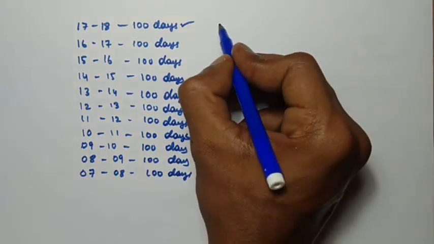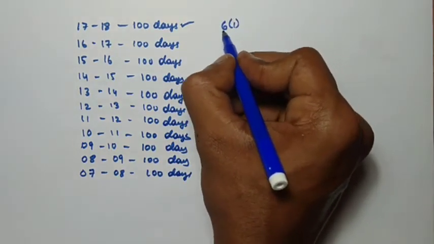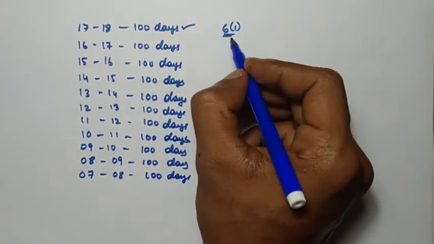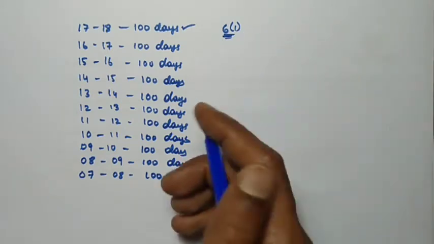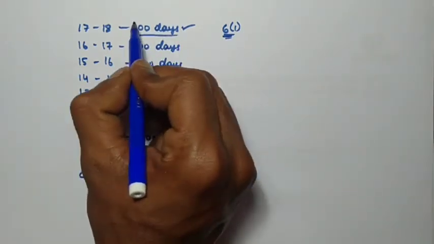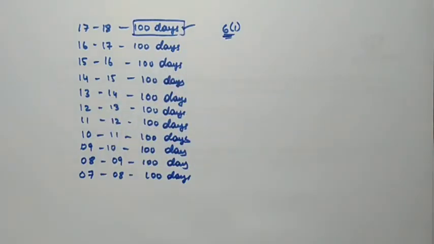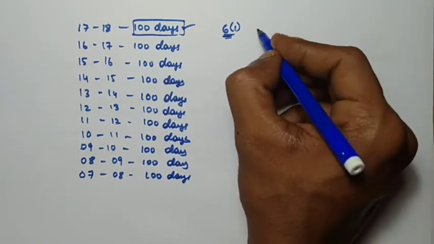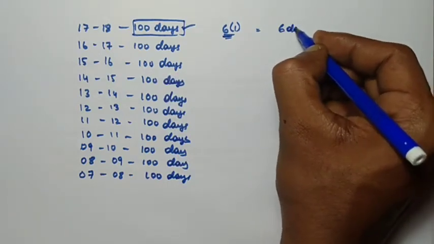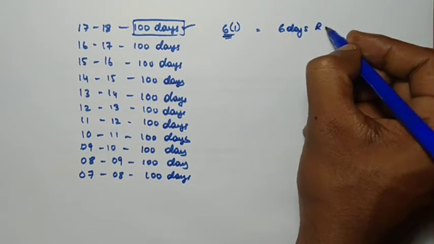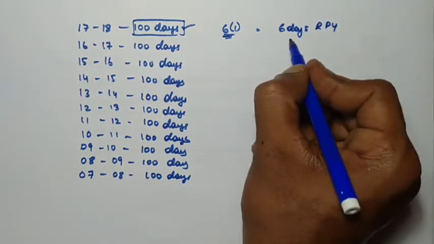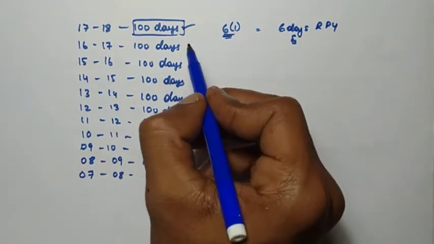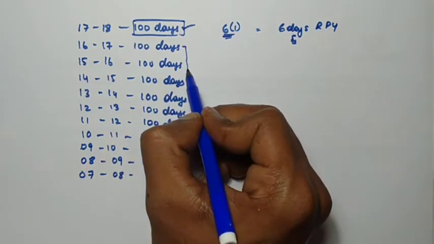First, we will take section 6, subsection 1. Under this section, the first condition cannot be satisfied because he stays only for 100 days every year. We should check the second condition: 60 days in the relevant previous year and 365 days in the preceding 4 years.